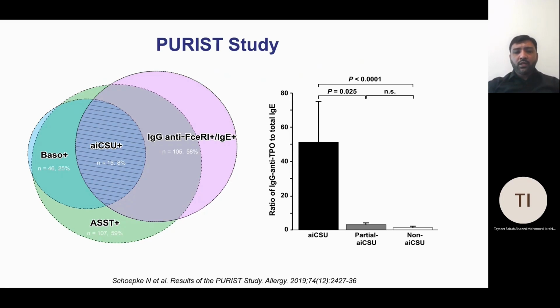They also had looked into the ratio of IgG anti-TPO to total IgE, and they found that a significantly large amount of patients with autoimmune chronic spontaneous urticaria had elevated IgG anti-TPO to total IgE in comparison to those who had partial autoimmune chronic spontaneous urticaria or non-autoimmune CSU.